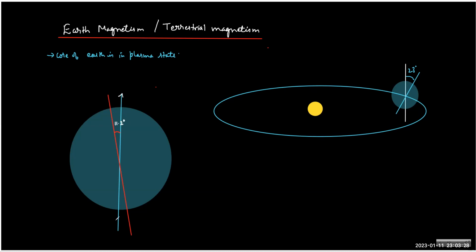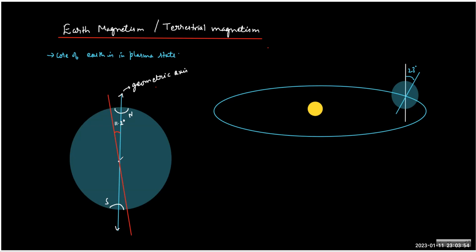The vertical axis which I have drawn represents the physical North Pole and physical South Pole of Earth. This axis is called the geometric axis.